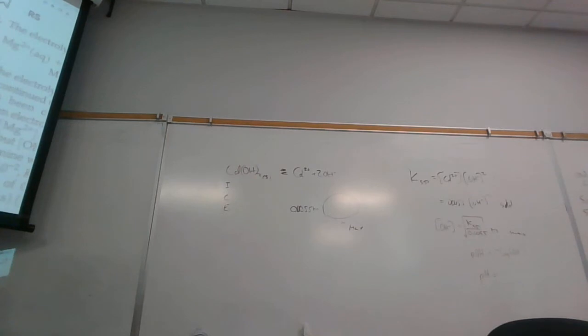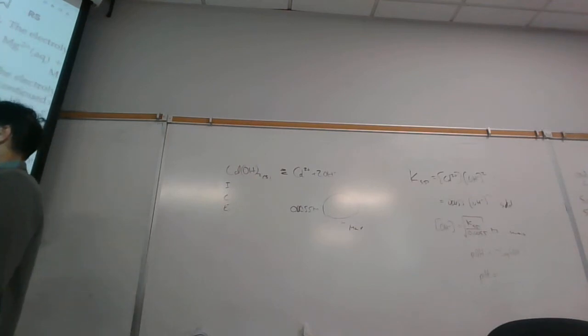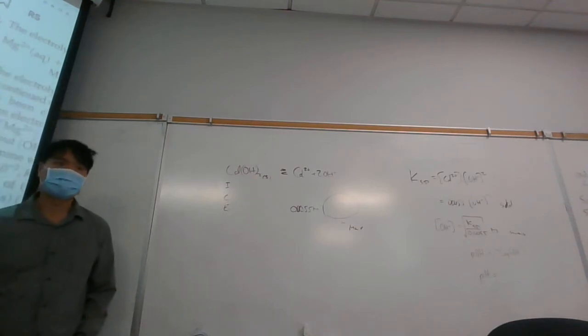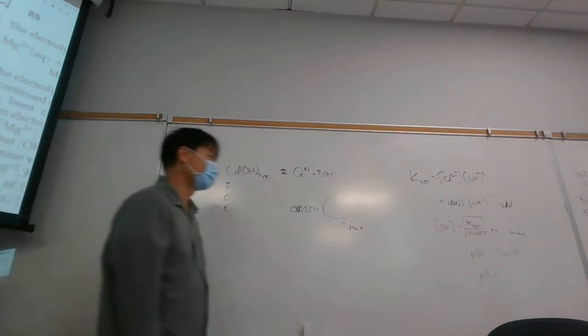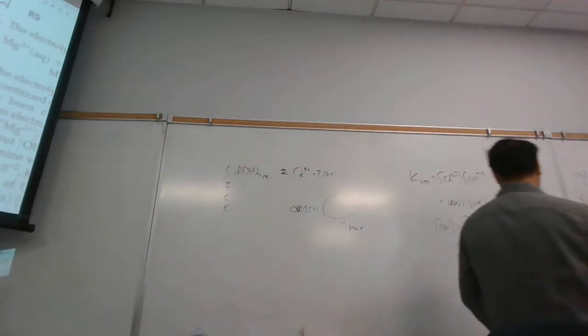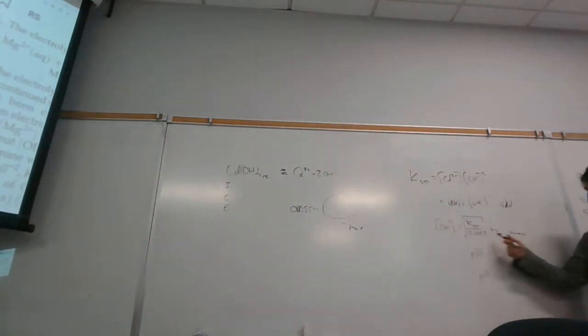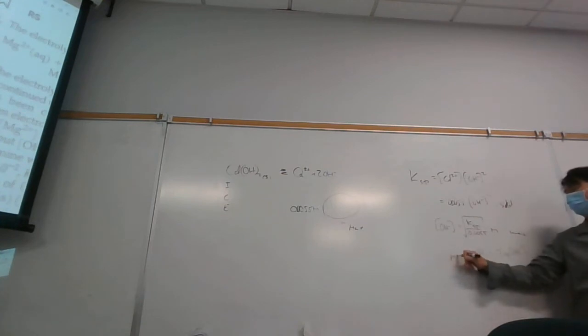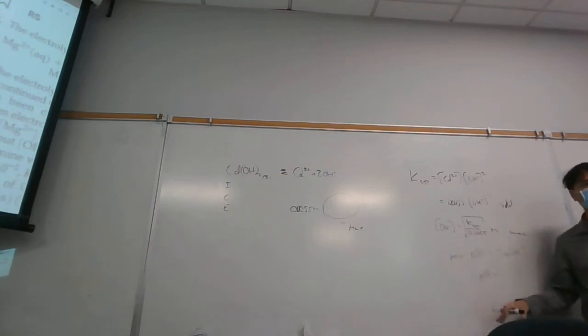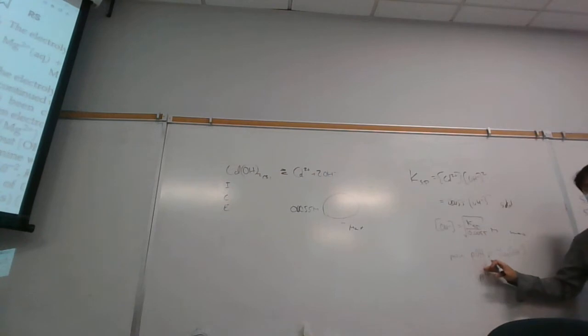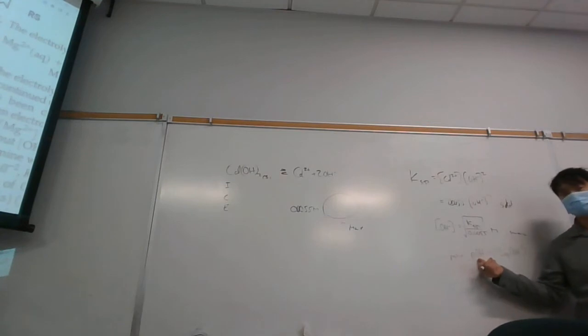Well, one of the confusing parts of this is this. If this is the max hydroxide, then this is the min pOH, because the smaller the pOH gets, the bigger the hydroxide gets. So this is the min pOH that we can have.